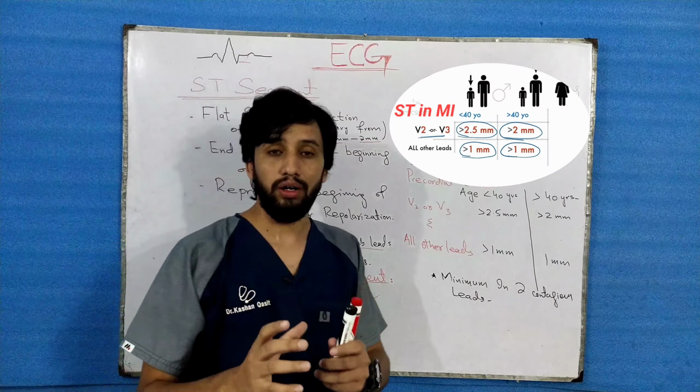We will differentiate all these conditions, that is, how the ST segment elevation seen in electrolyte imbalance can be differentiated from that seen in myocardial ischemia or in other conditions like Brugada syndrome.